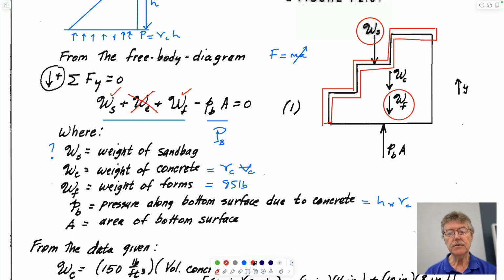But what we now need to include in the free body diagram is the fact that as we go down and the pressure changes, and we think of this as minus Z, then the pressure changes like this.